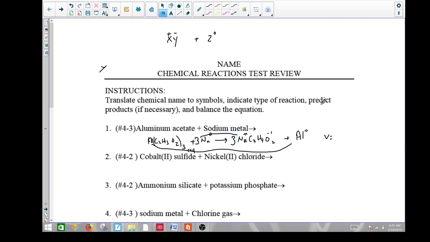So in this case I'll do a little side work. Al+3 goes to Al metal. This is going to be reduction, 3 electrons, and then we have sodium metal going to sodium ion, and this is going to be +1 electron. That's oxidation.